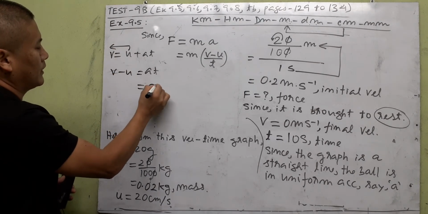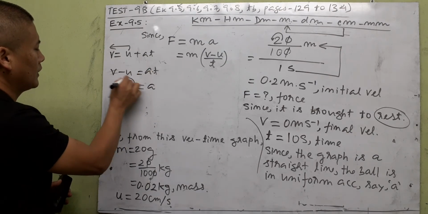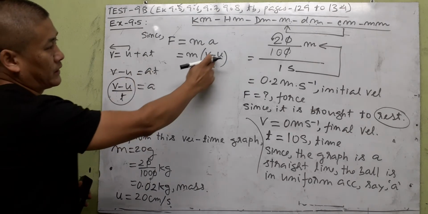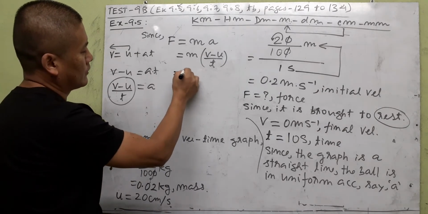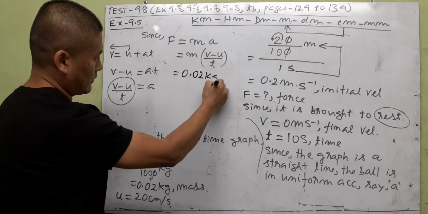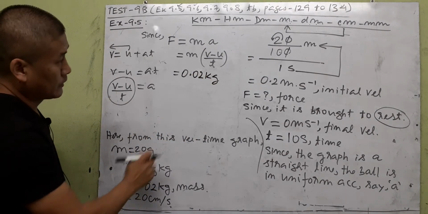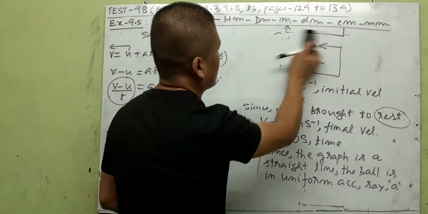And so if a is kept this side and you shift t, then into t will go down here. So a is v minus u by t. So here m is 0.02 kg, as you can see here, into this portion. I think we can rub it out now.